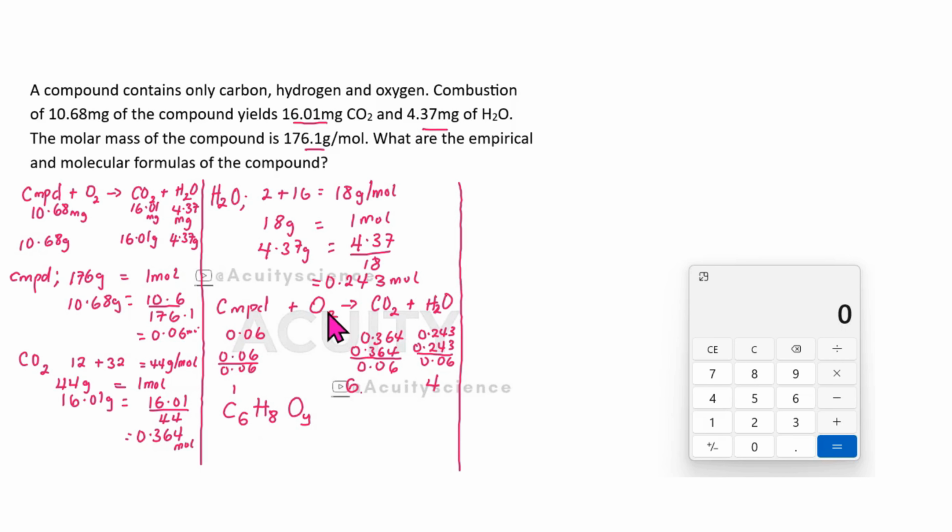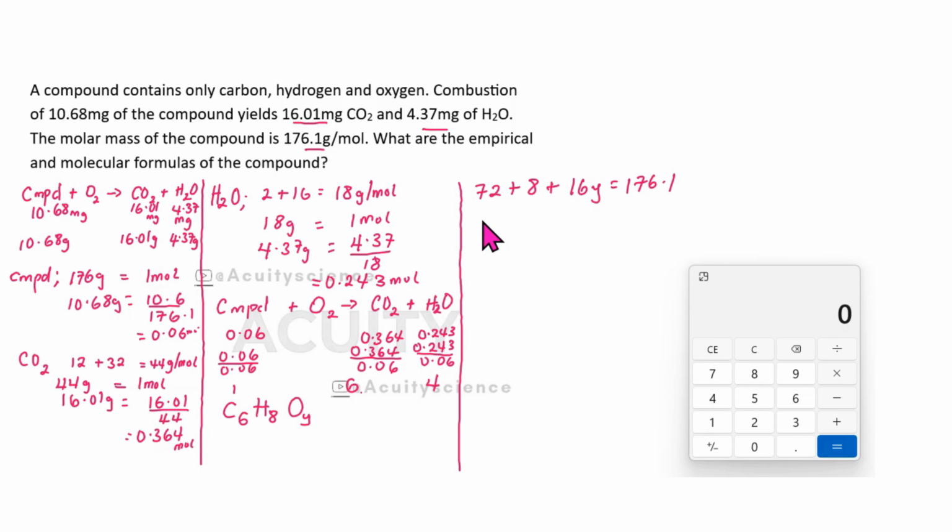Let's compare this to the molecular mass. We would say 12, being the atomic mass of carbon, times 6, which is 72, plus 1, the atomic mass of hydrogen, times 8, which is 8, plus 16 times Y, which gives 176.1.